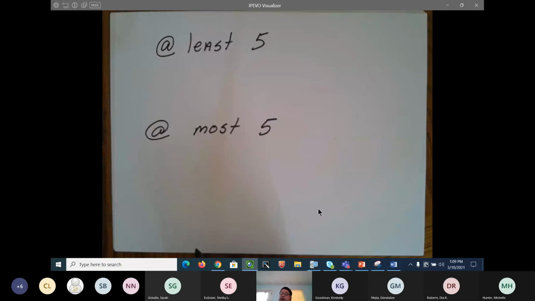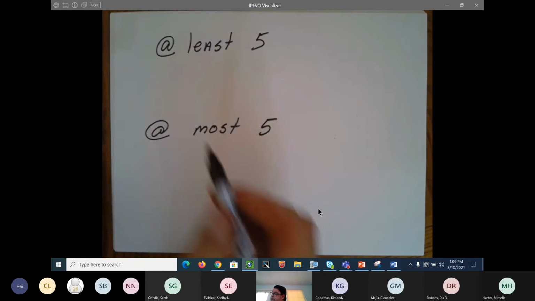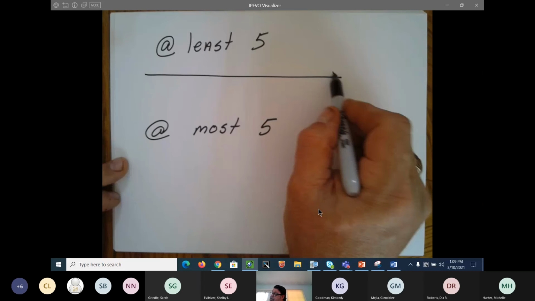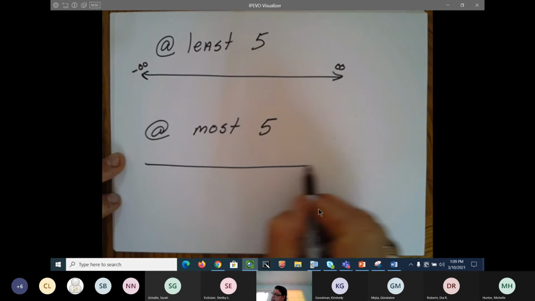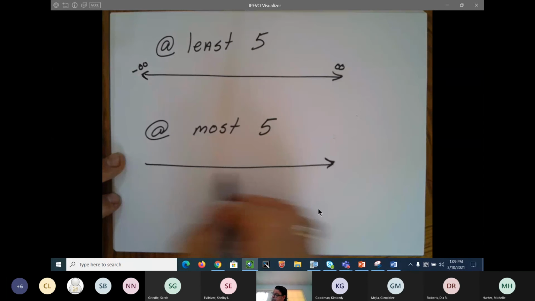Well, I like to draw things on a number line. That's positive infinity. That's negative infinity.